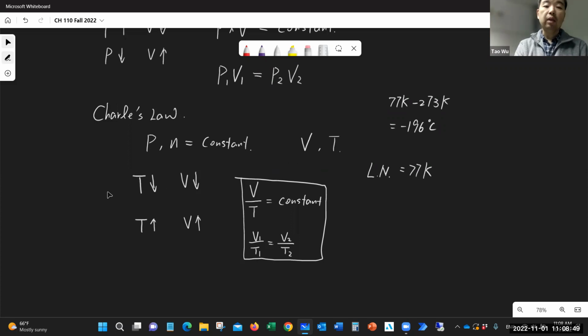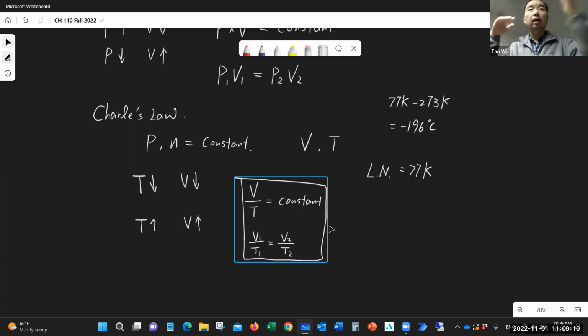So that means if you decrease the temperature, the volume of the gas will decrease. Increase the temperature, the volume of gas will also increase. So if you write the equation, that's V over T should be equal to a constant.